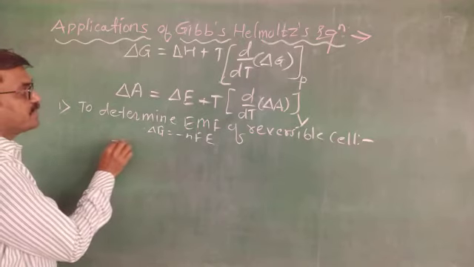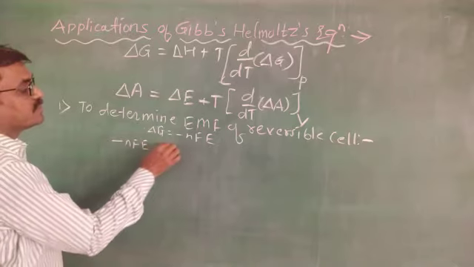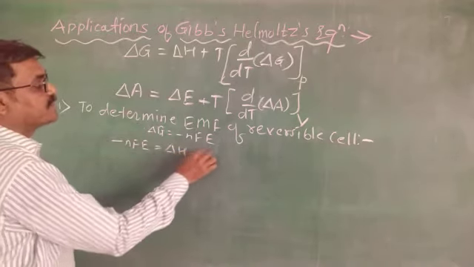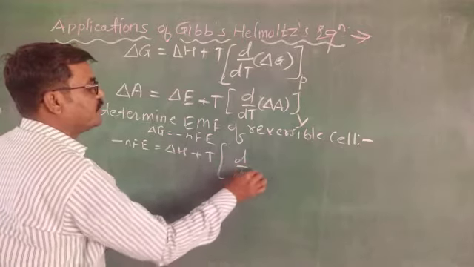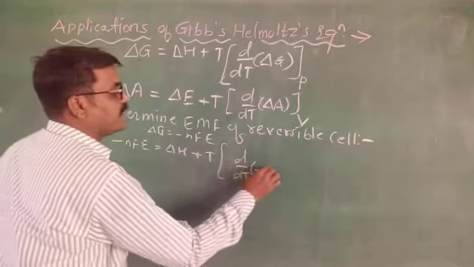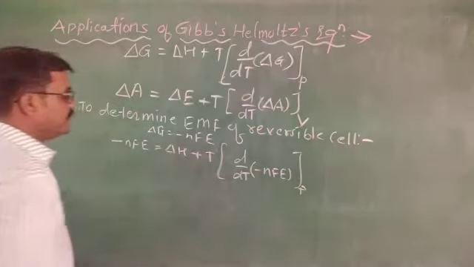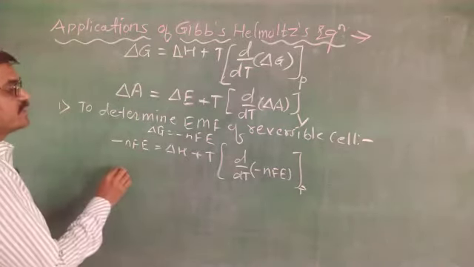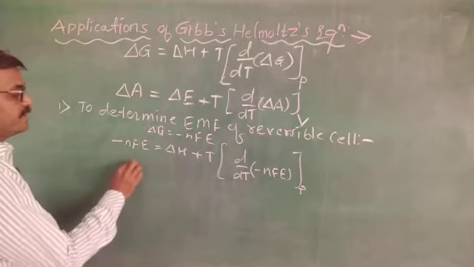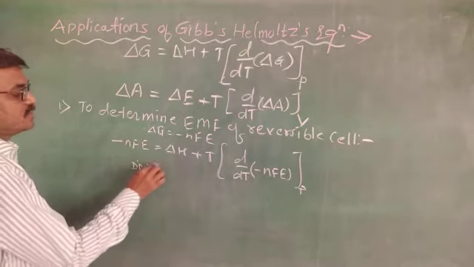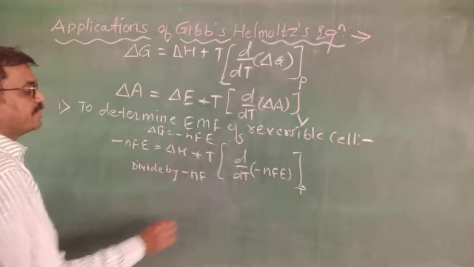That's why the equation becomes minus nFE equals delta H plus T into d/dT of delta G, that is, of minus nFE, at constant pressure. Now, further solve it. Divide throughout by minus nF.